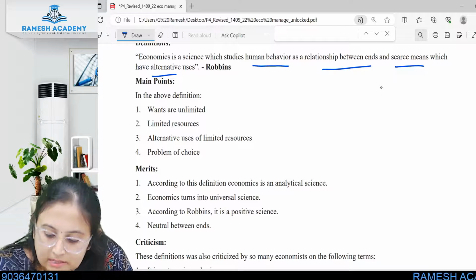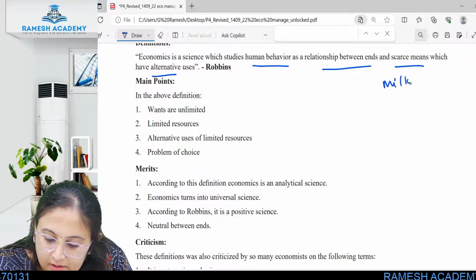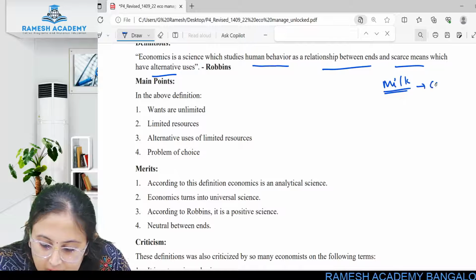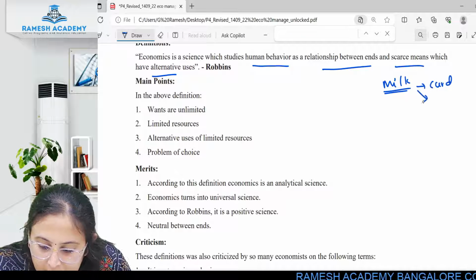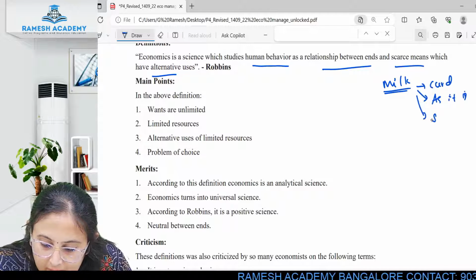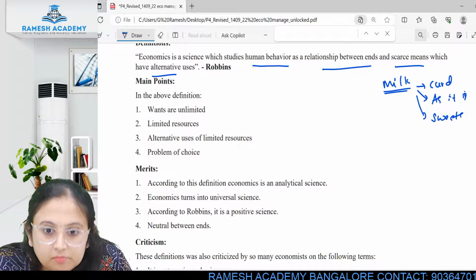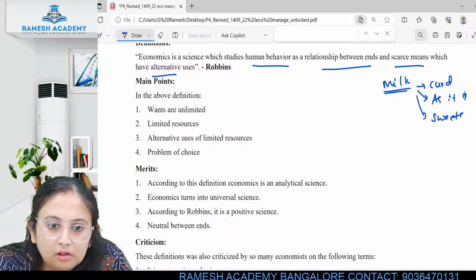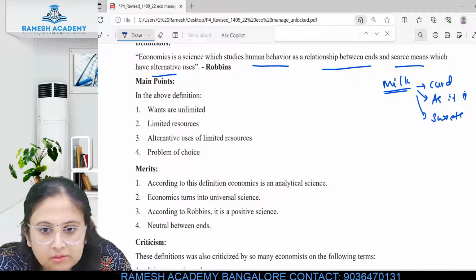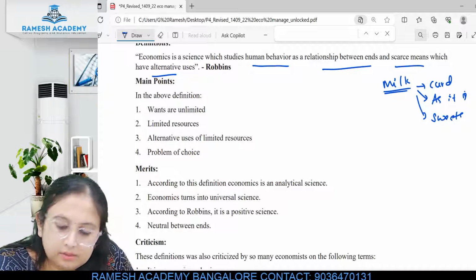See, for example, if you take milk, 1 liter of milk you buy, from that you can make curd, or you can drink it as it is, or you can make some sweets, or so many other uses. Just 3 uses I have written, but apart from that so many other uses are there.